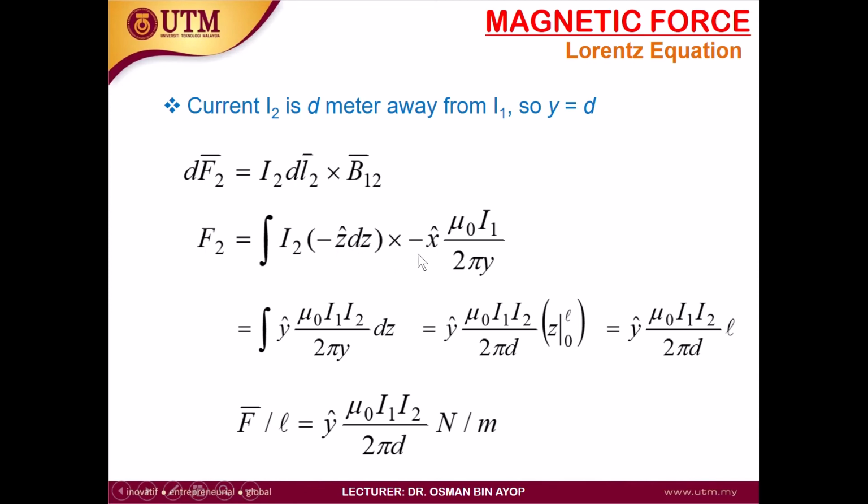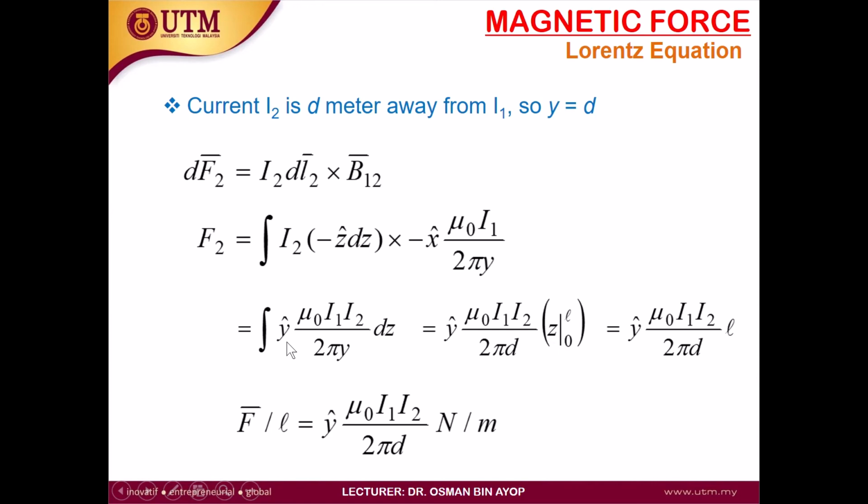Cross negative x mu naught I1 divided by 2 pi y, which will later be converted to d. When you solve the cross product of negative z and negative x, you will get y.